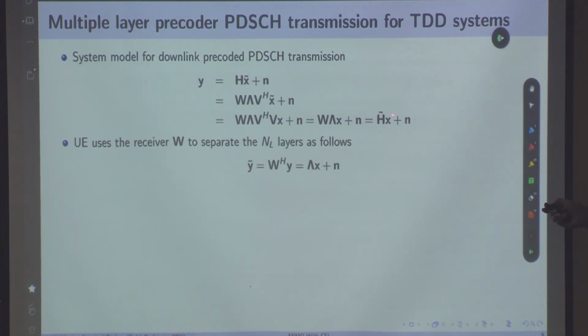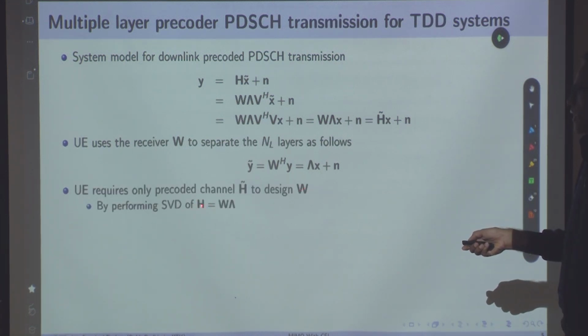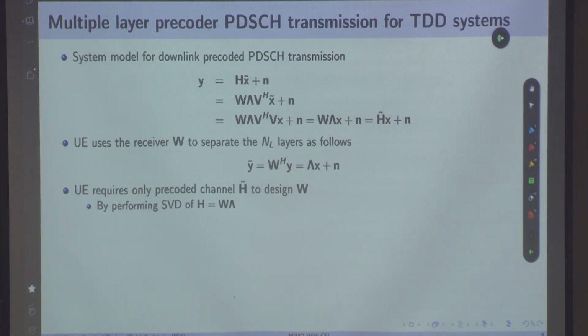How will it estimate it? What does it need? It needs only H tilde. Because it has this H tilde, and what is H tilde?